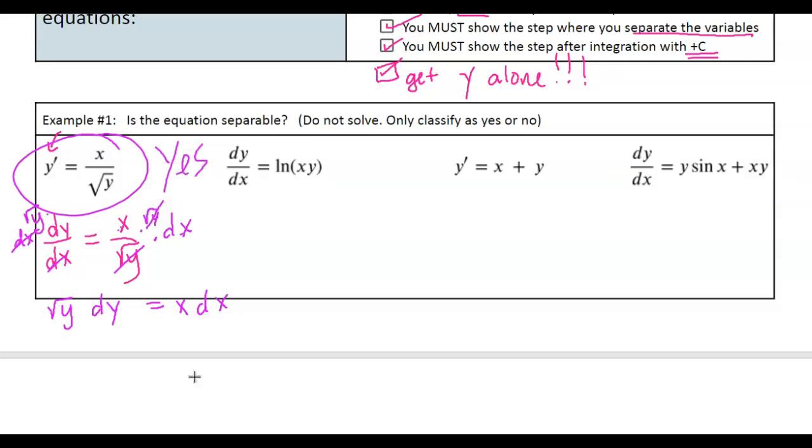All right, this one. Well, remember, natural log, this inside, I can't just divide by the y, so got to get a little creative. Remember, we have log properties. This is the product log property that I've reviewed when we did derivatives and integrals. So if we have a product here, we can rewrite this as the natural log of x plus the natural log of y. Okay, so let's see.